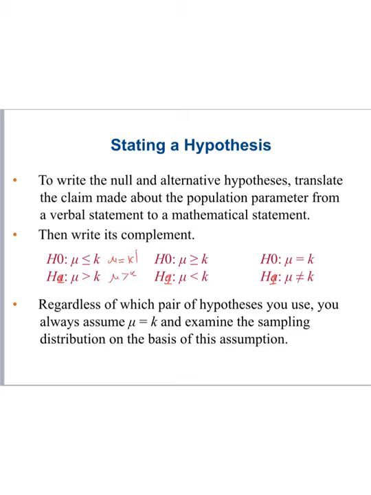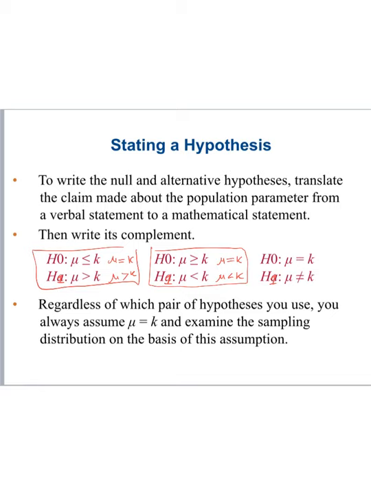That's the first scenario. The second scenario is your population mean is again greater than or equal to some value, but we just replace it with equal for simplicity here. And of course, the other component has to be a complement, so it's less than some value K. So that's your second scenario.